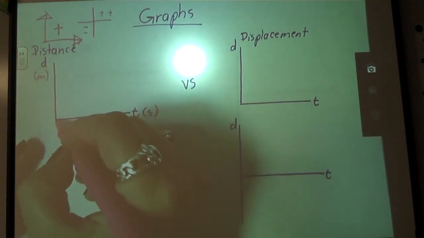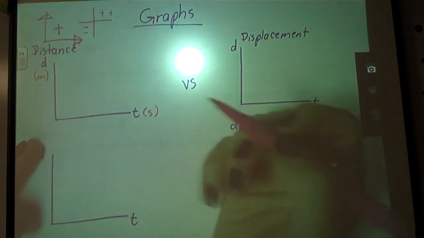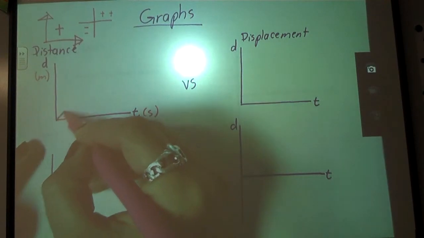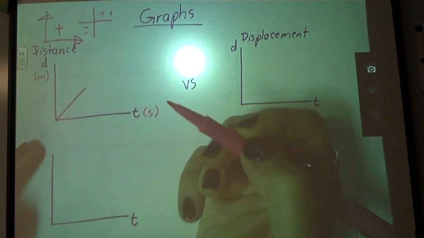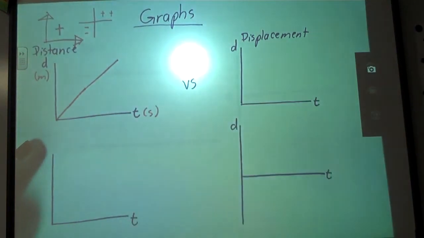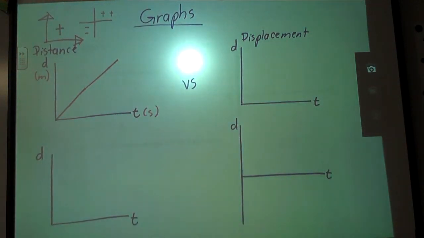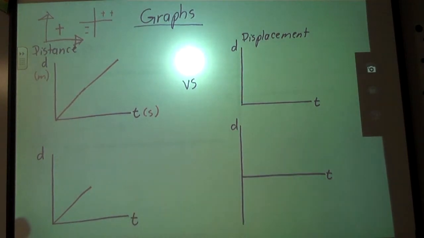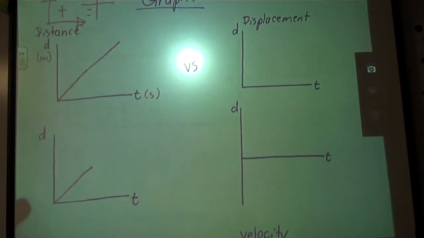If our person started at whatever their starting point is and time began to march forward, let's say they walked 10 meters and then they turned around and walked 10 meters the other direction. It does not matter. The amount of distance they have covered is still increasing. Let's say they walked 10 meters and then they stopped for whatever reason.